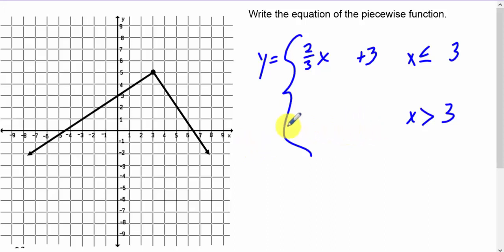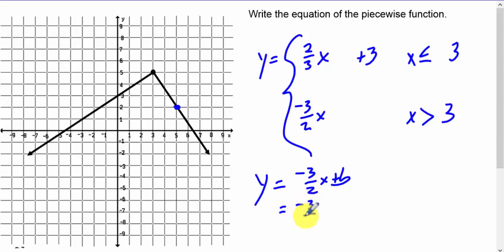For the next one, I can get the slope pretty easy by counting to where the next value is, which is right here. So that's down 3 and over 2, so -3/2 x. And I'll do what I did on the last problem to find my y-intercept. I'm going to go -3/2 x plus b is equal to y. This is the point 5 and 2. So I'll put a 5, oof, this is not going to be pretty, -3 over 2 times 5 plus b and 2 for y.